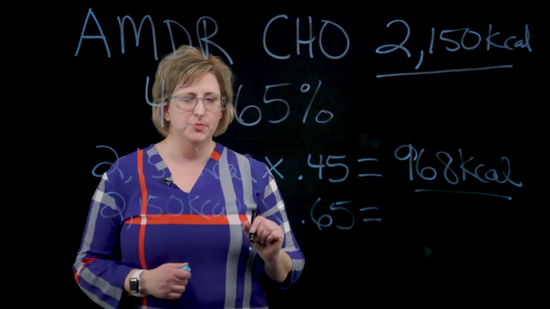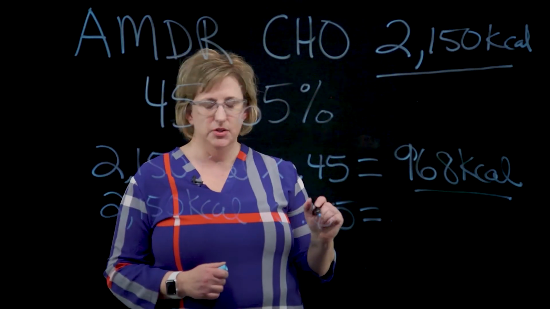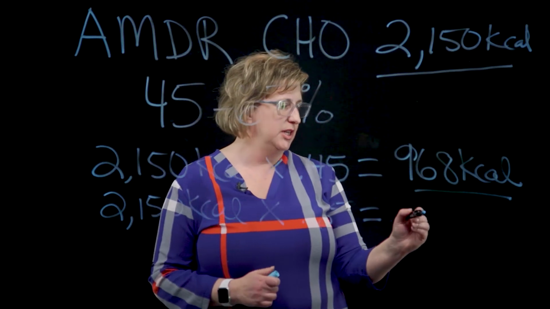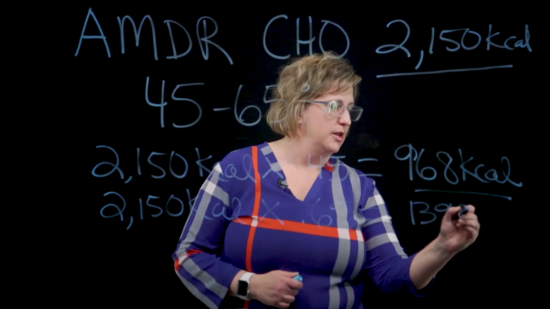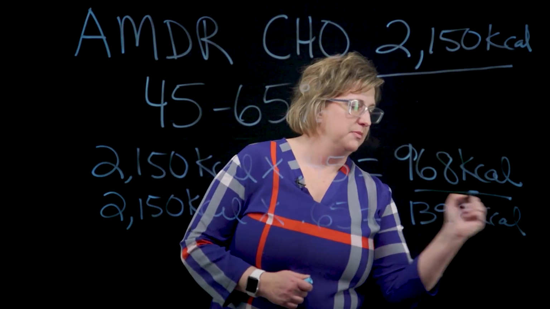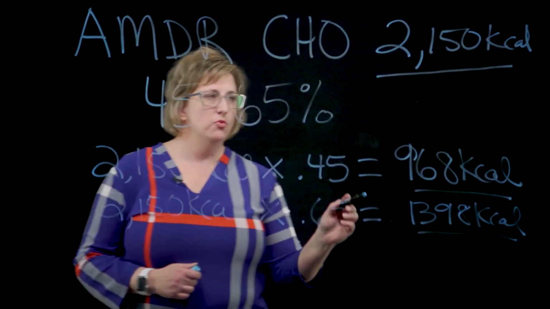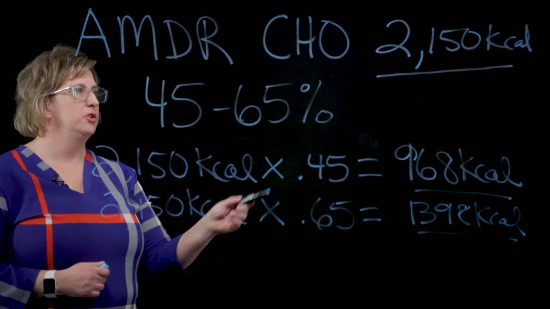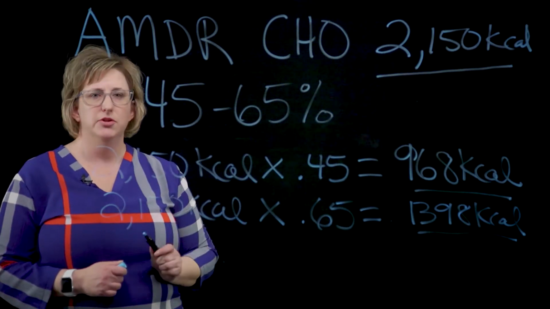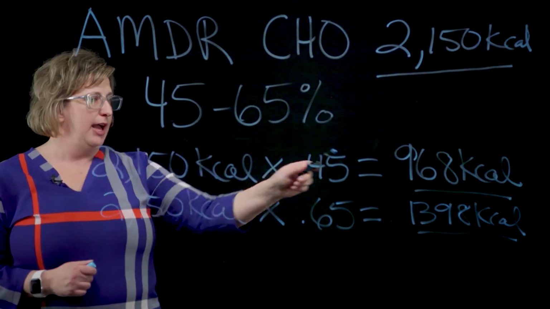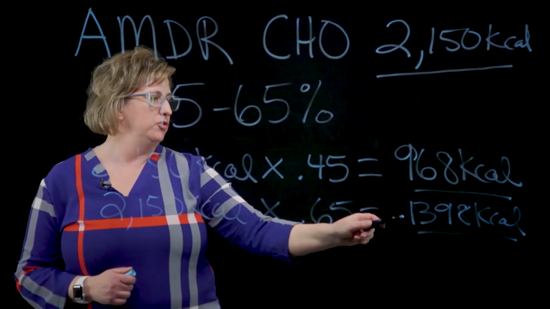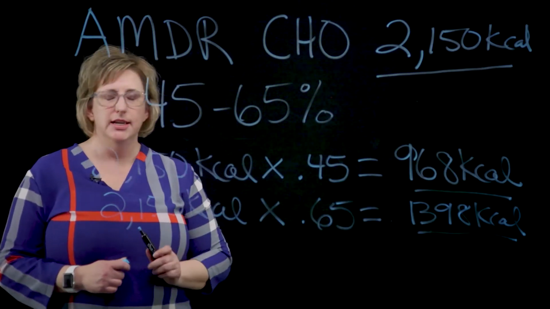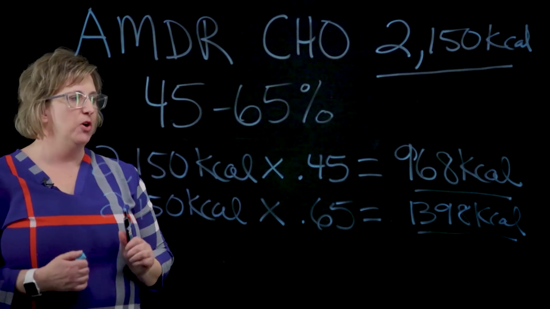So get your calculators back out for this one, and let's put in 2,150 times 0.65, and you should come up with something along these lines. So what this means is this person who needs 2,150 calories has an estimated range of 968 calories to 1,398 calories that should come from carbohydrate.